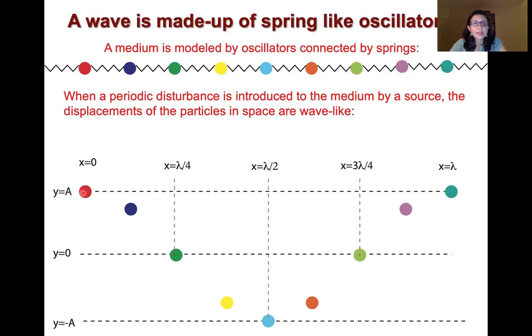So that's why you see here these different colors representing the positions of these different oscillators at a given instant in time.